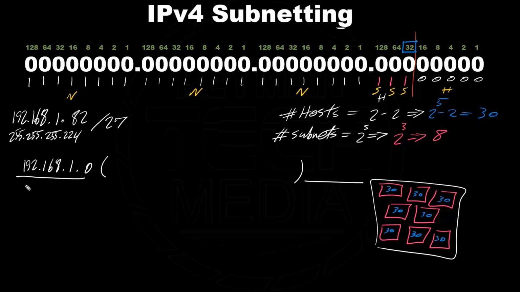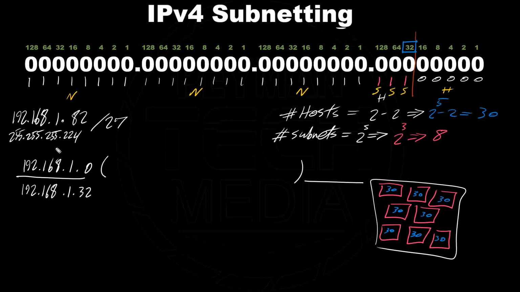Okay, so the next subnet would be 192.168.1.32. Why 32? Because again, the last bit that is turned on here, this is the cut line, after that is 0, right? The decimal value, 32, is our network increment on the last octet. So on the last octet here, we put 32.